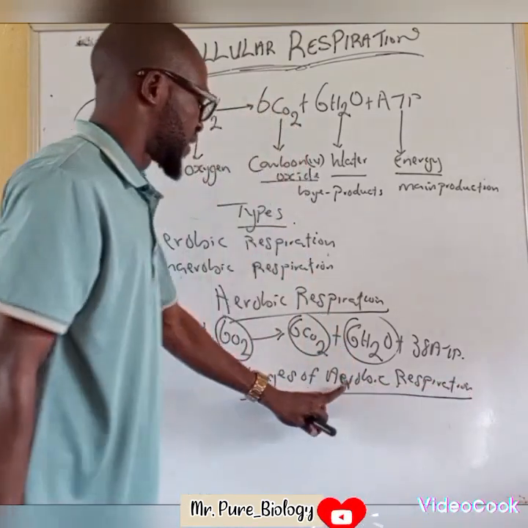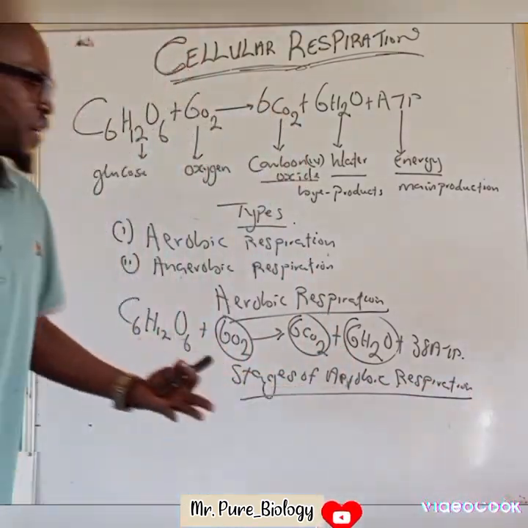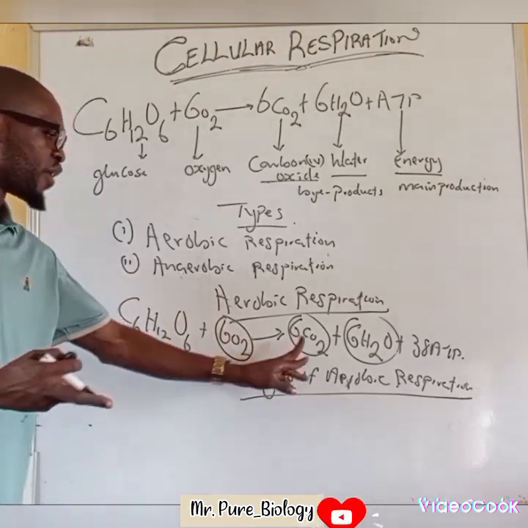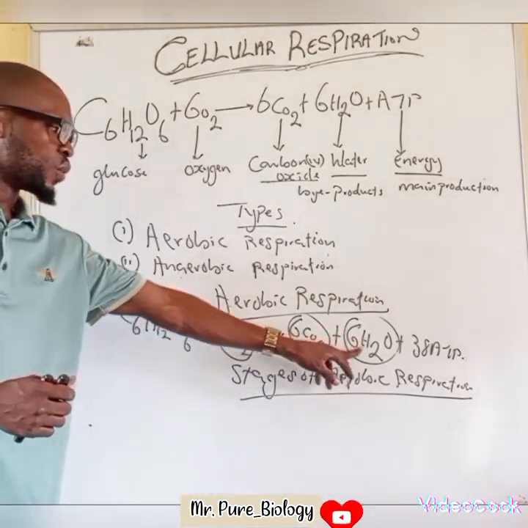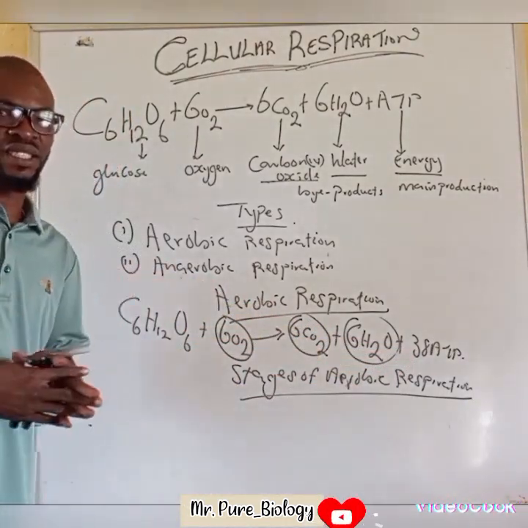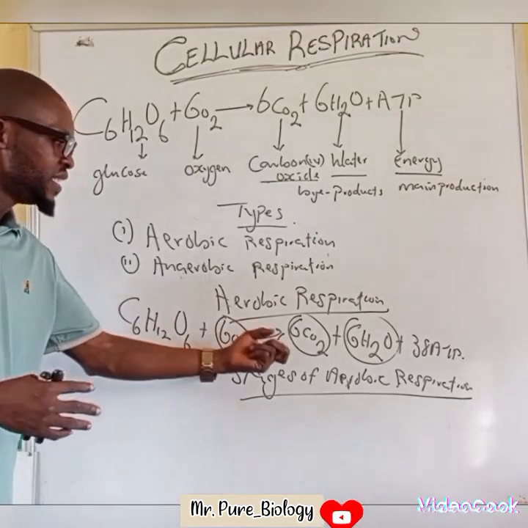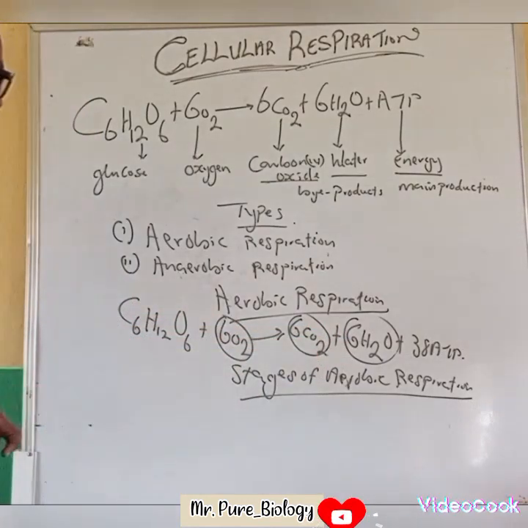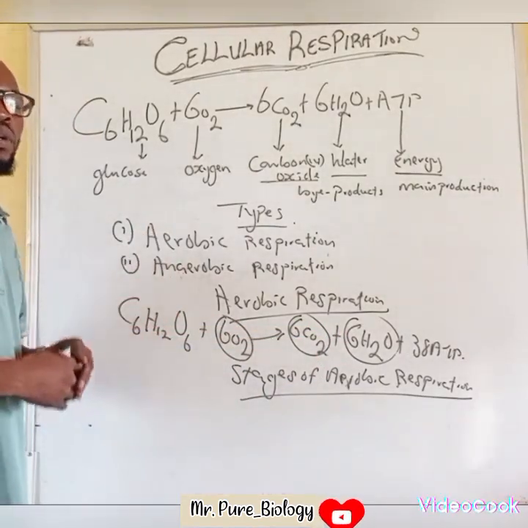We are talking about the stages of aerobic respiration because before we have the formation of the carbon dioxide, water, and this 38 net ATP, there are stages in which these products are being formed. There are three stages of aerobic respiration.